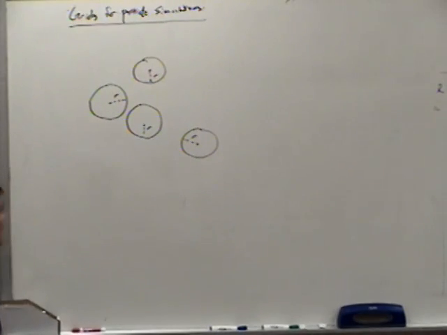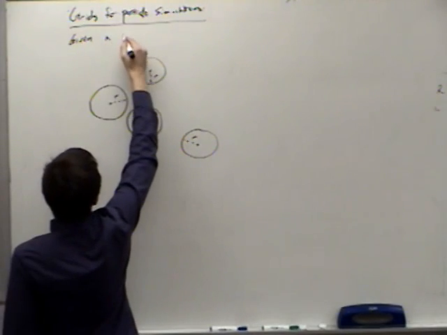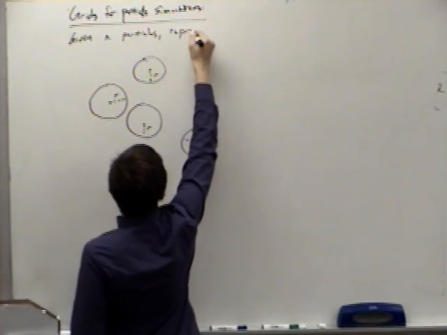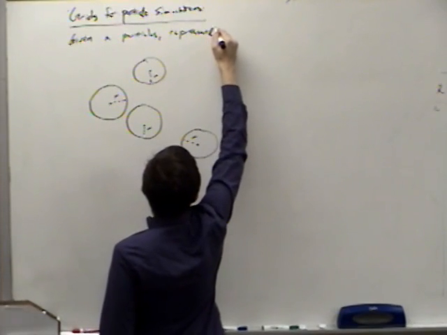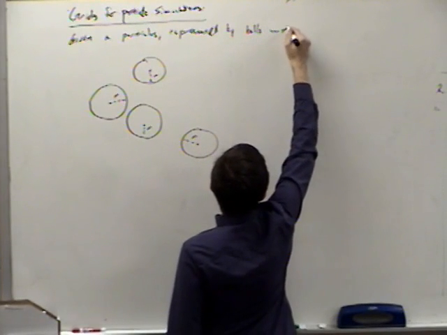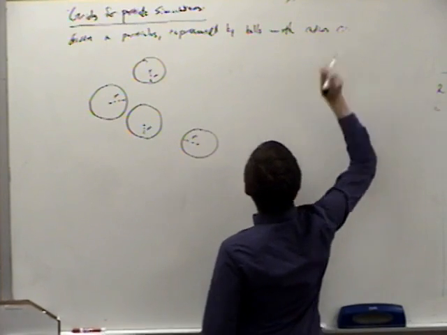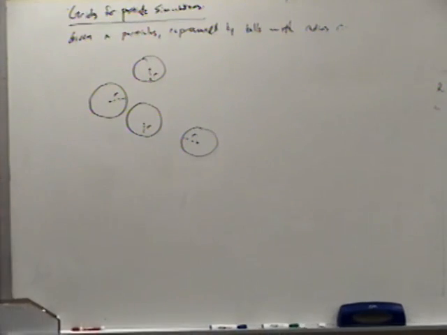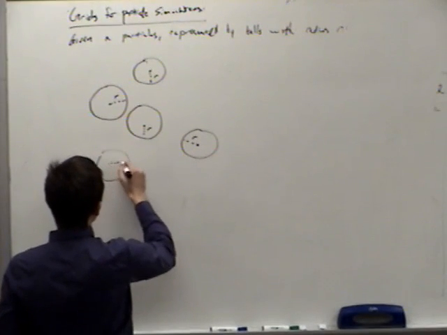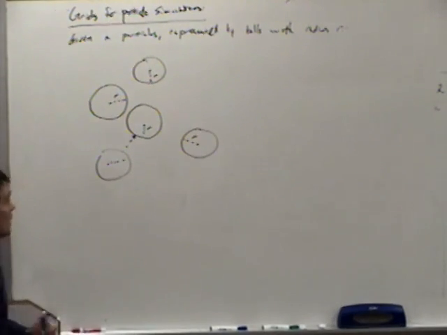So we'll say, given n particles represented by balls with radius r. So we have a bunch of these little particles, all moving around, bumping into one another. Maybe they hit and bounce off.